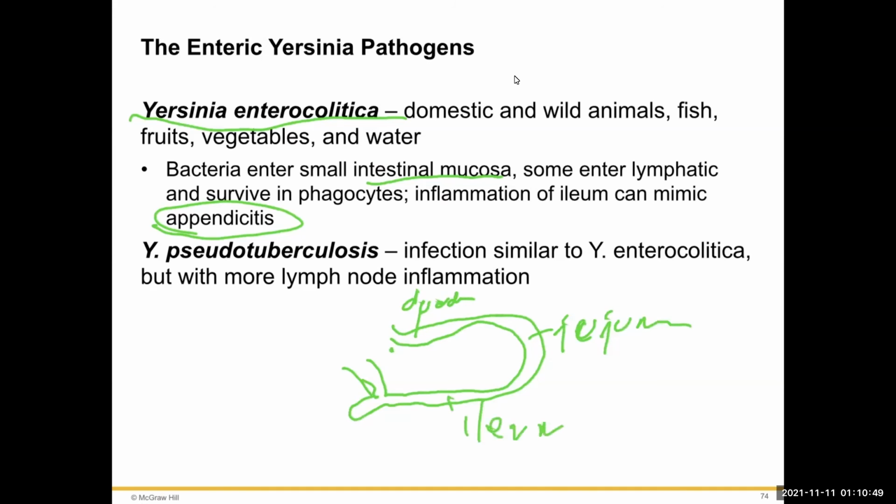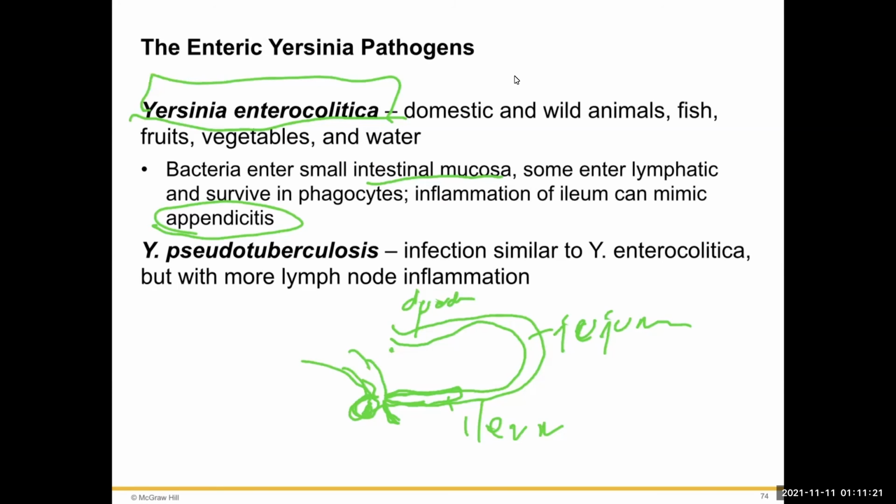Okay, the ileum feeds into the cecum right here, which is the beginning of the large intestine. And right behind the cecum, this little finger-like projection here, that's your appendix. So if the ileum gets inflamed here, this can mimic the signs of appendicitis because it's right where the appendix is. So Yersinia enterocolitica, because it infects the ileum of the small intestine, can mimic appendicitis.